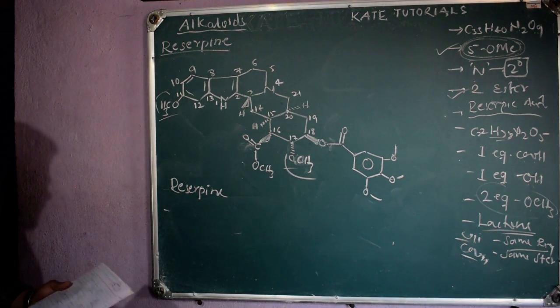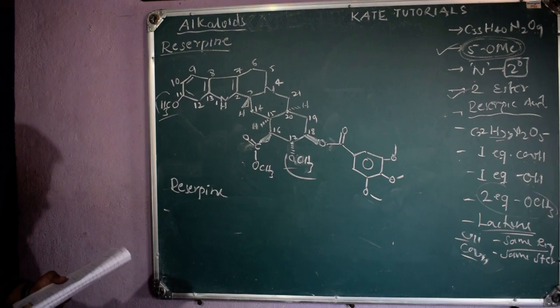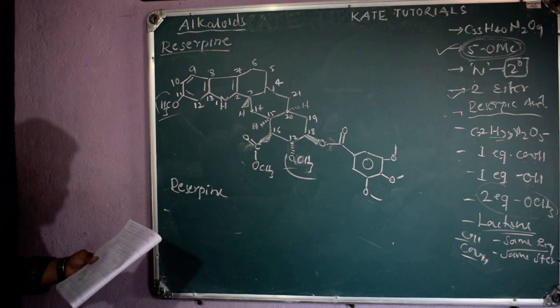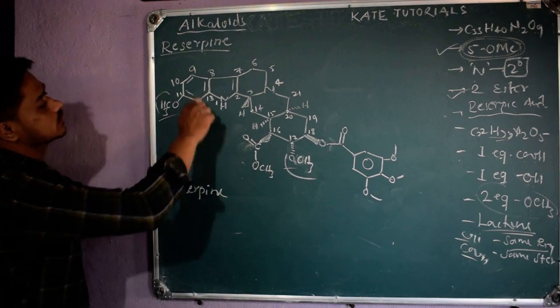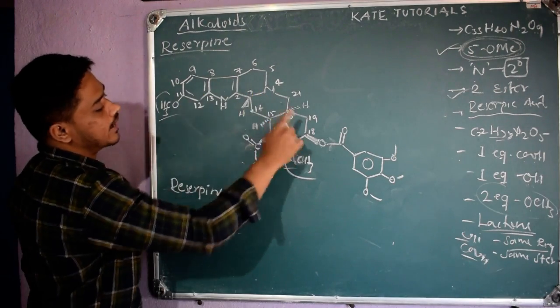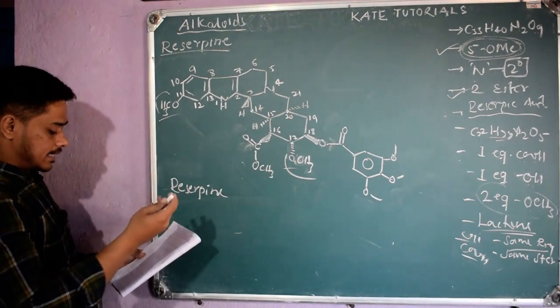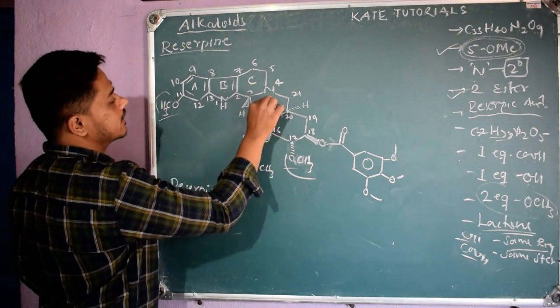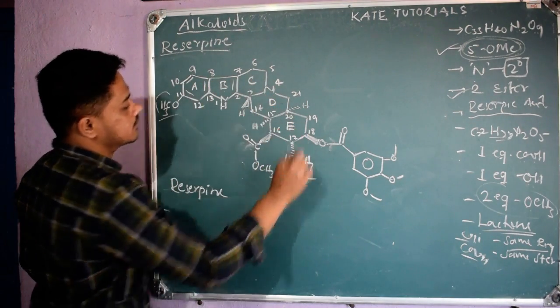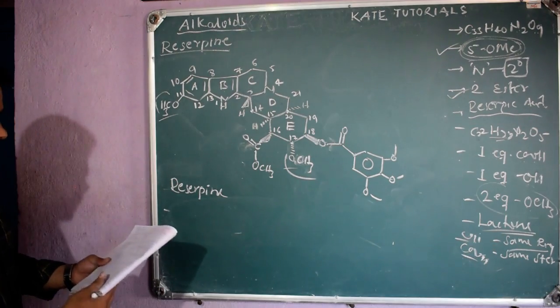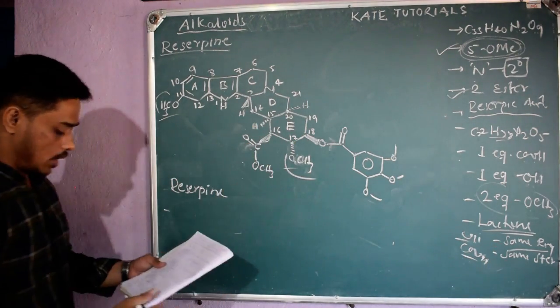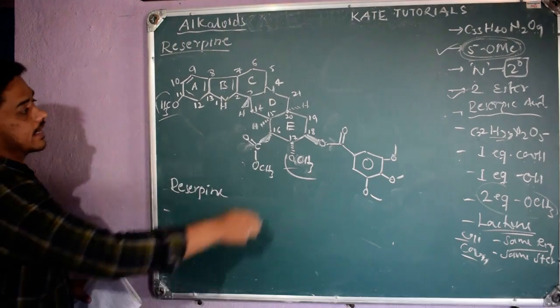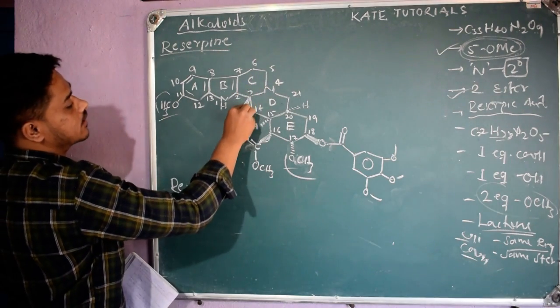So let us see the stereochemistry. If you see, the ring is numbered like this. How many rings? 1, 2, 3, 4, 5. 5 rings are there. They are numbered simply as A, B, C, D and E. For the stereochemistry of these two hydrogens, as it is below, in rings C and D, here this hydrogen is above.